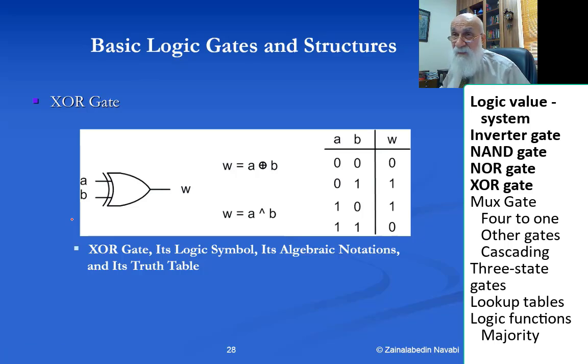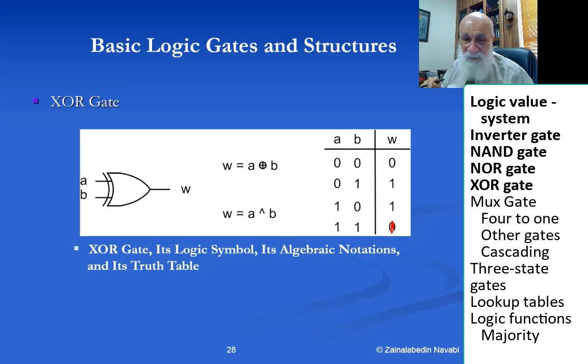XOR gate, you can build an XOR gate with NAND gates, with NOR gates, with AND gates, OR gates, and inverters, and the function is what I'm showing over here. XOR means the output becomes a 1 if only one of the inputs is a 1. So with OR, you get a 1 over here.